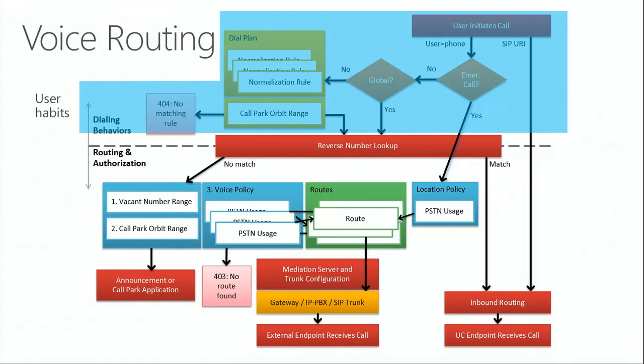We will discuss that. Then the second portion, which you see in the center, is where the class of service or restrictions and all of that come into play. We will discuss that.